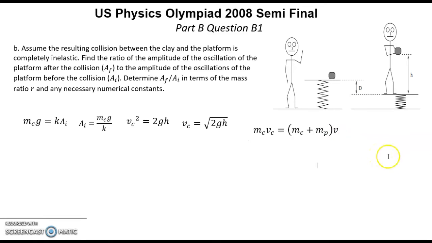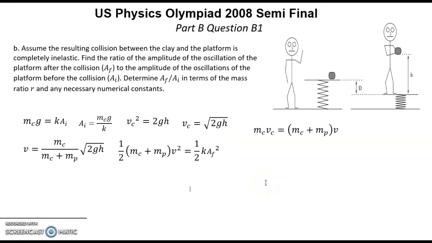And now we can count what is this speed. That's this expression. And the last step is we can find the total kinetic energy in this position and equalize it to the potential energy of our oscillation at the point of amplitude. So we have this expression.